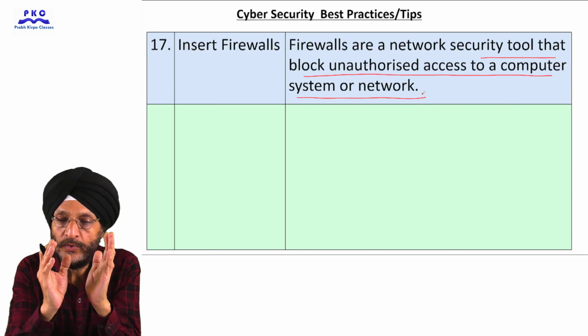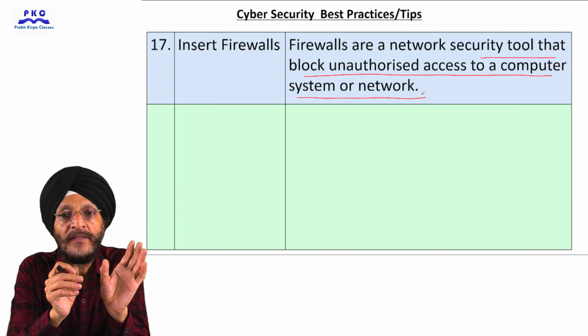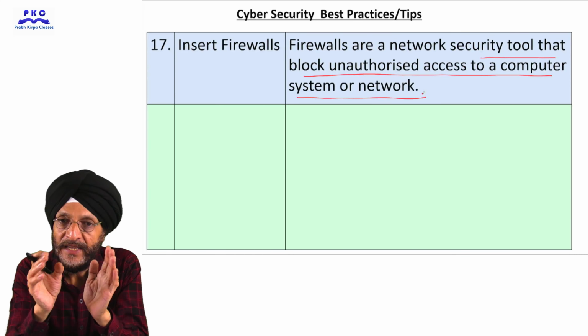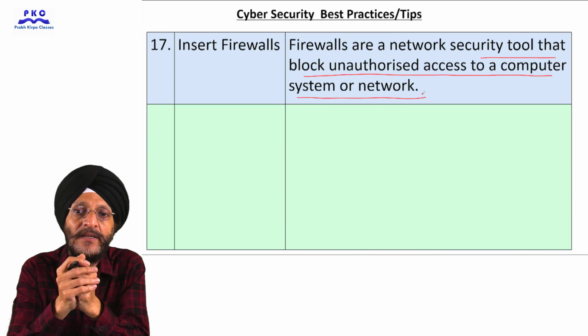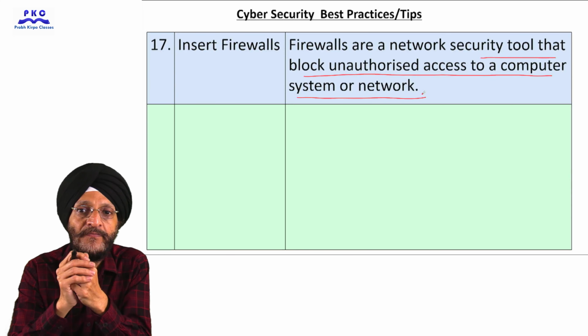Suppose you visit a shopping mall or a bank. The gatekeeper may check you for any firearms. If you carry any firearms, the gatekeeper may not allow you to go inside.